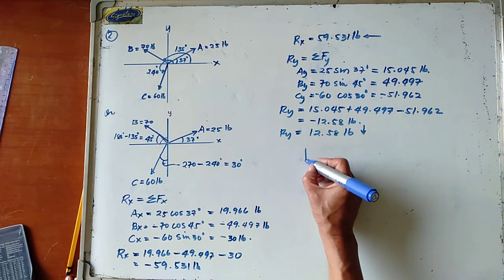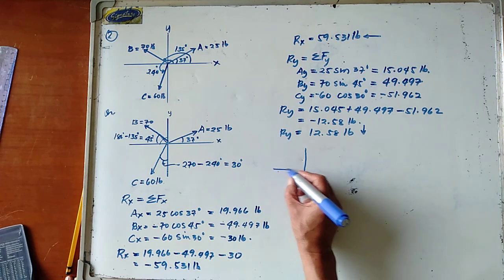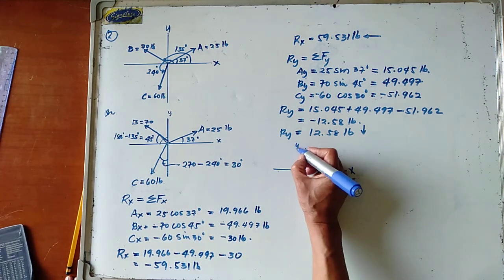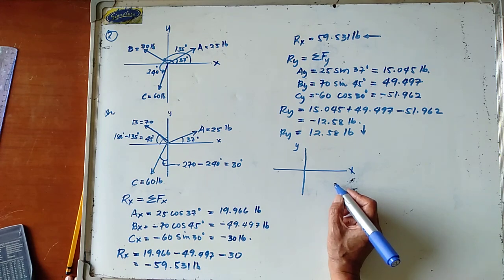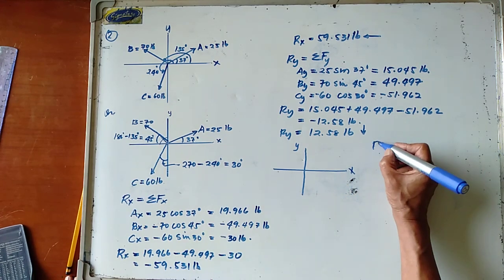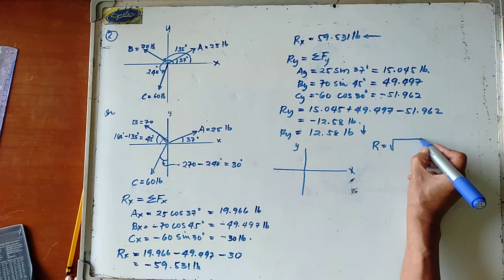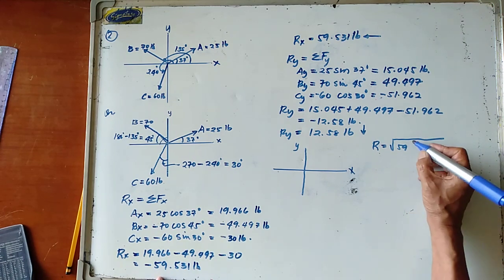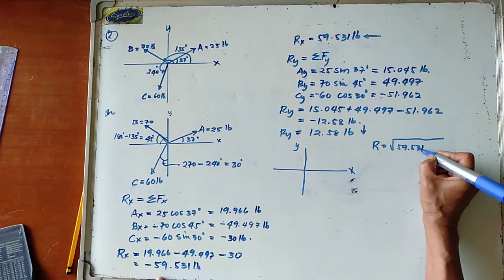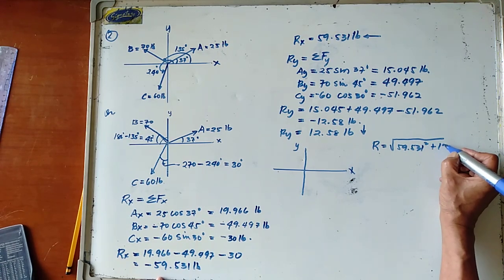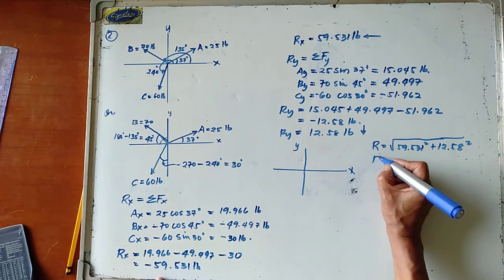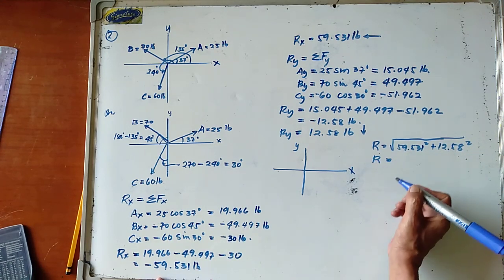Again, for the value of the resultant, this is your x-axis and that is your y-axis. So R is equal to the square root of Rx squared, 59.531 squared, plus 12.58 squared.